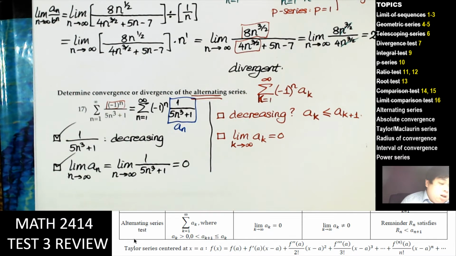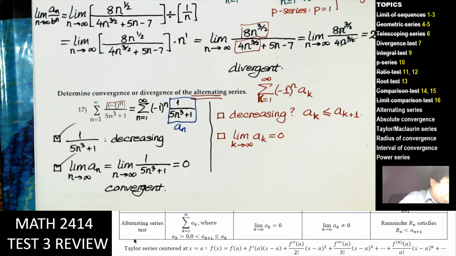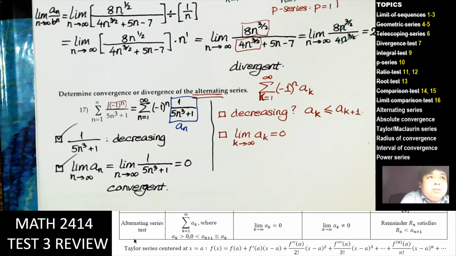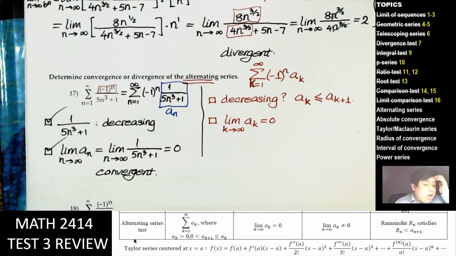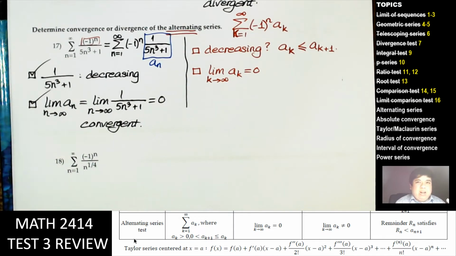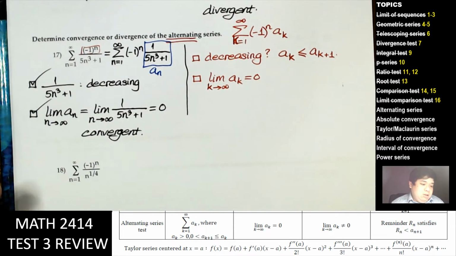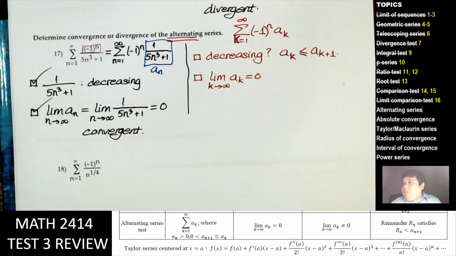Because of that, this series is convergent. So pretty much we just check two things: decreasing and the nth term has to go to 0. So rather straightforward. I need to update the formula though. Sorry, it has to be with the negative 1 to the n power. We don't need 18 here, so just do 17.